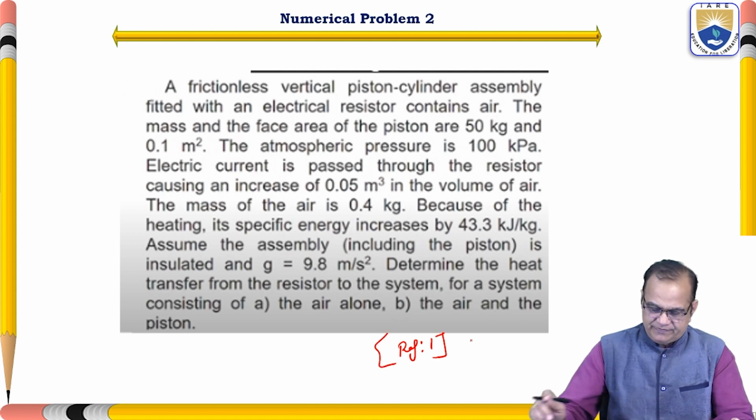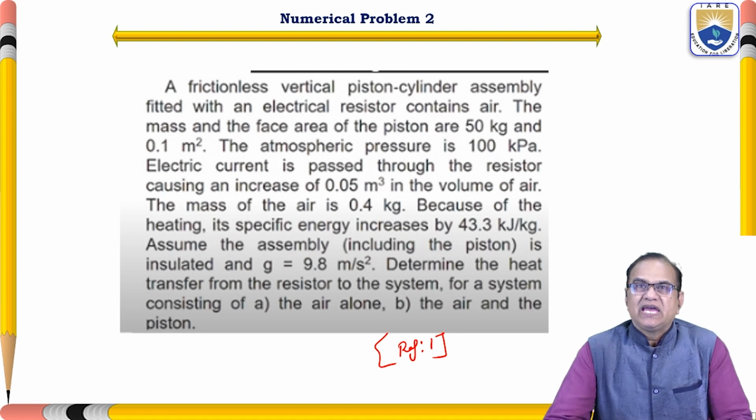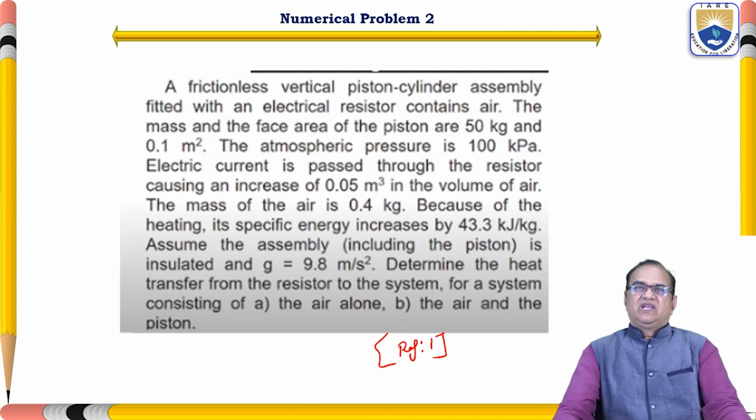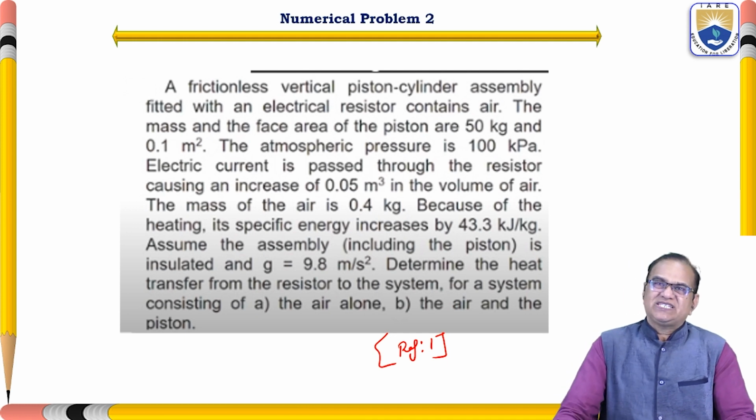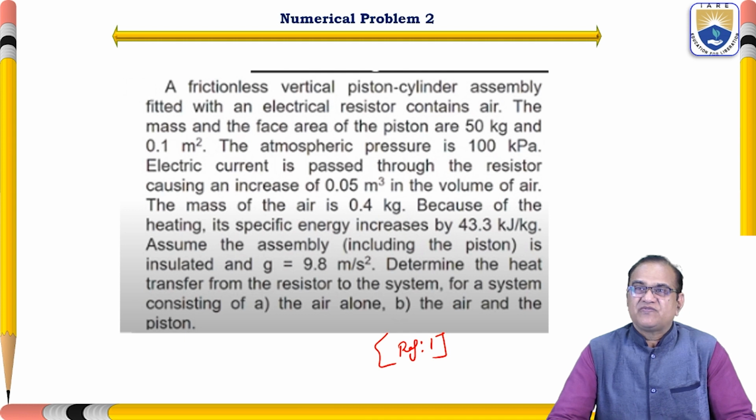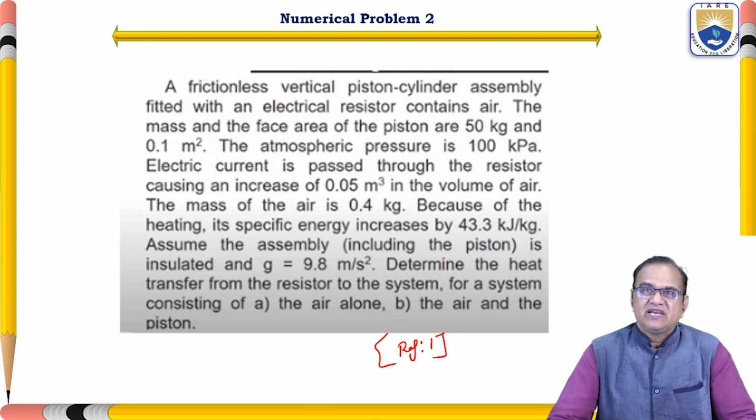A frictionless vertical piston cylinder assembly fitted with an electrical resistor contains air. The mass of the piston is 50 kg and the face area is 0.1 meter square.